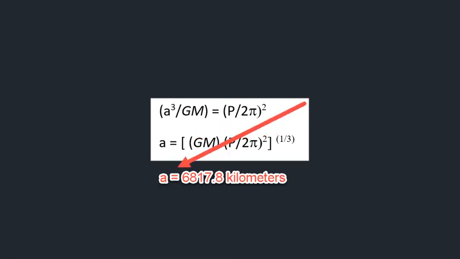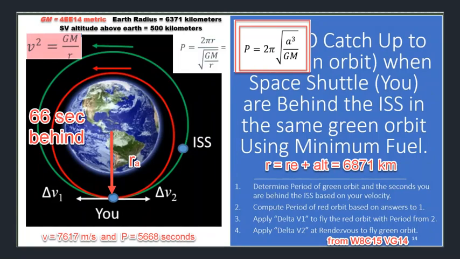So you could compute your a to be 6,817.8 kilometers. And you also know that the Earth is one of the focal points of the red ellipse.